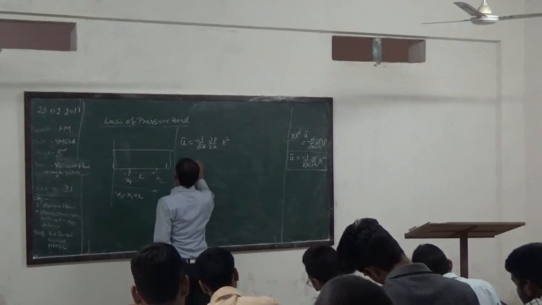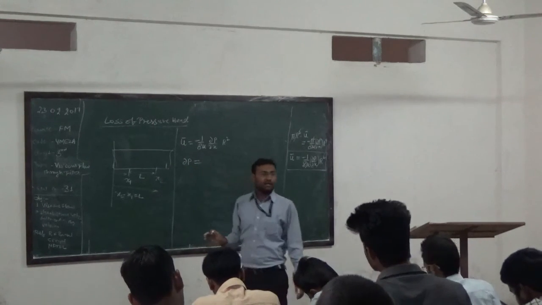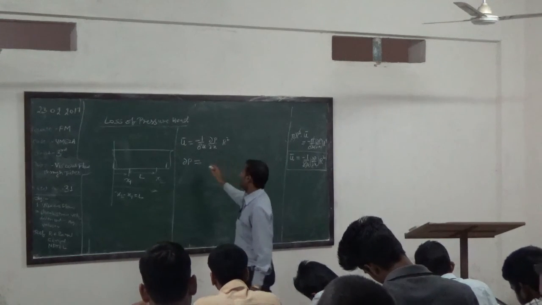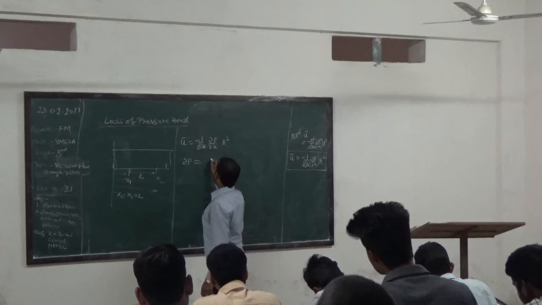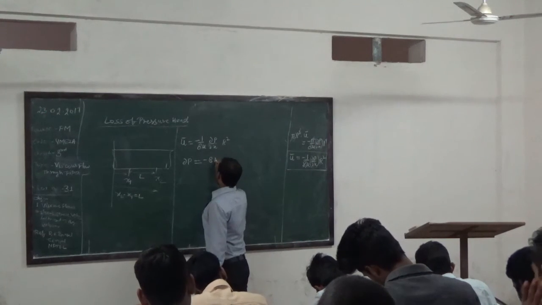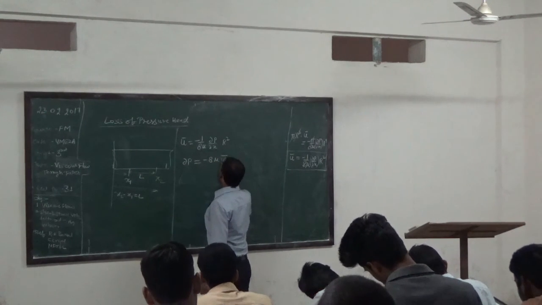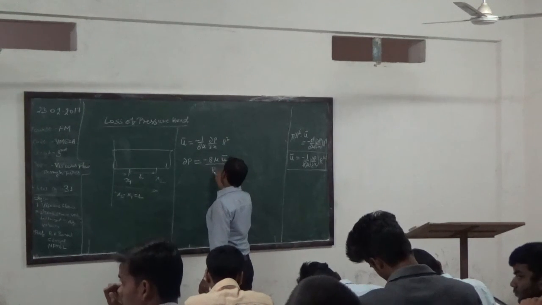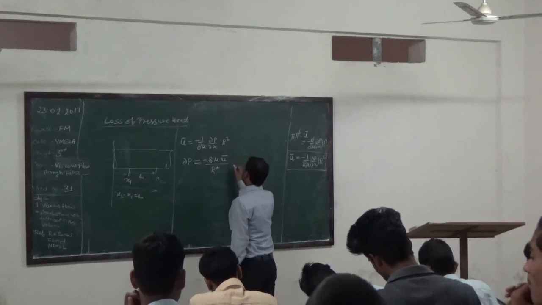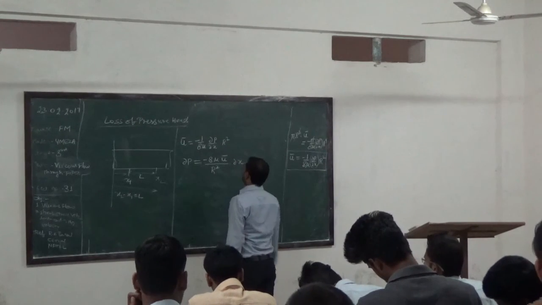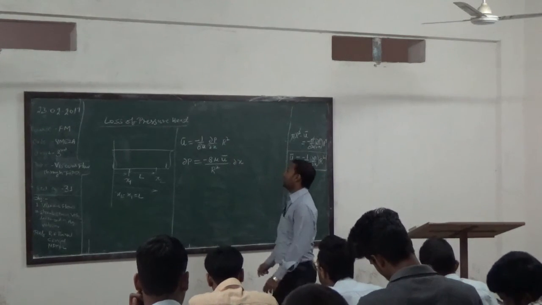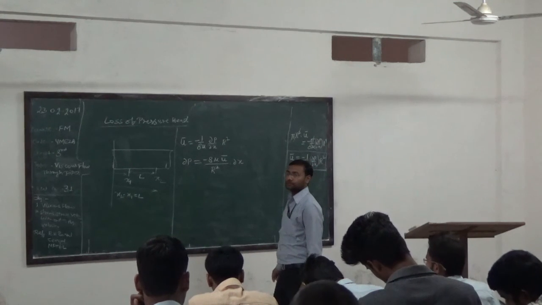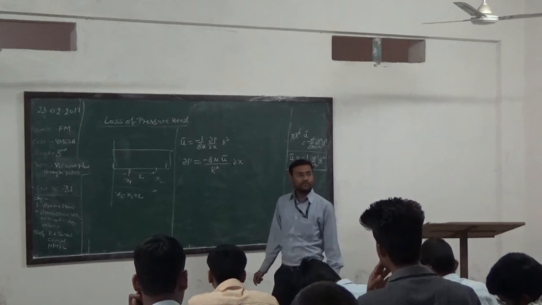So I am keeping del P one side and send all the terms into the other side of the equation. So del P is equal to minus 8 mu u bar by R square into del X. Okay?